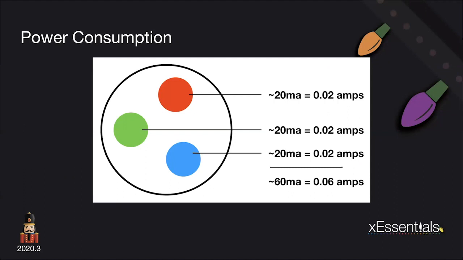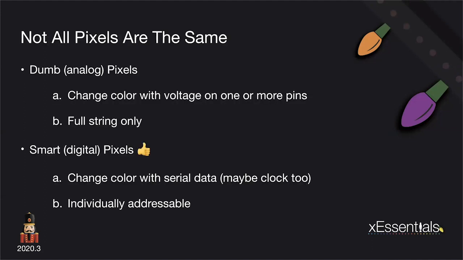We'd use 60 milliamps for doing ballpark calculations. I've since had people fuss at me because they bought too much power supply because their pixels didn't pull that much. So check your pixels just to make sure, I guess would be the lesson there. Not all pixels are the same.